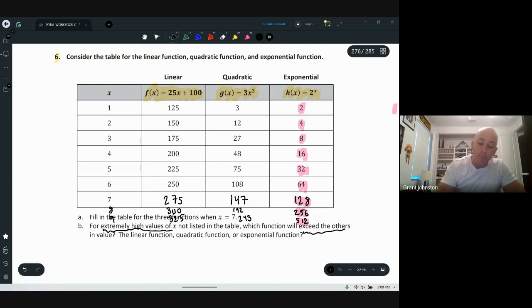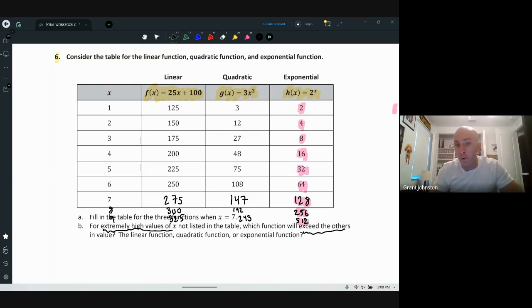And I could keep going to prove this fact even more. The exponential goes 256, 512. It's just doubling, right? The next would be 1,024. Double that. It's just going to keep getting bigger, keep doubling. The linear, although it started off pretty high, is only going up by 25 each time. It's this exponential function that's going to exceed all the others.